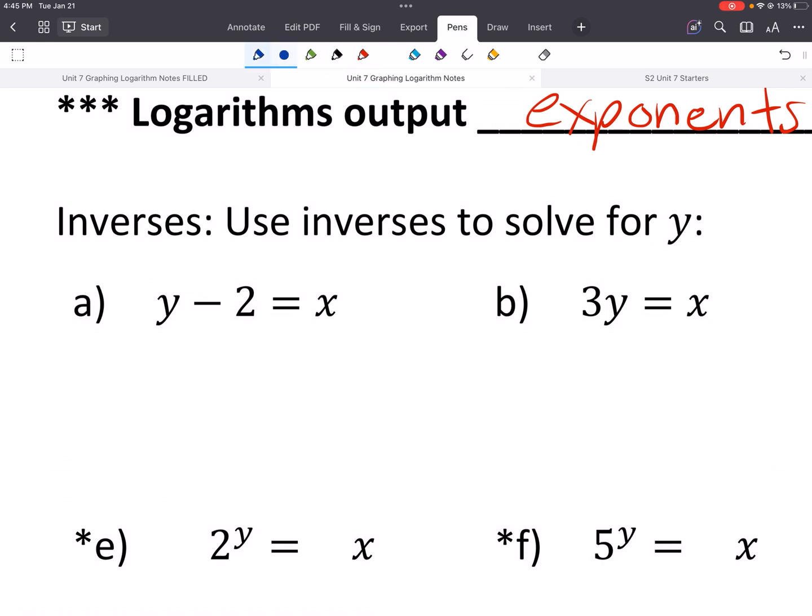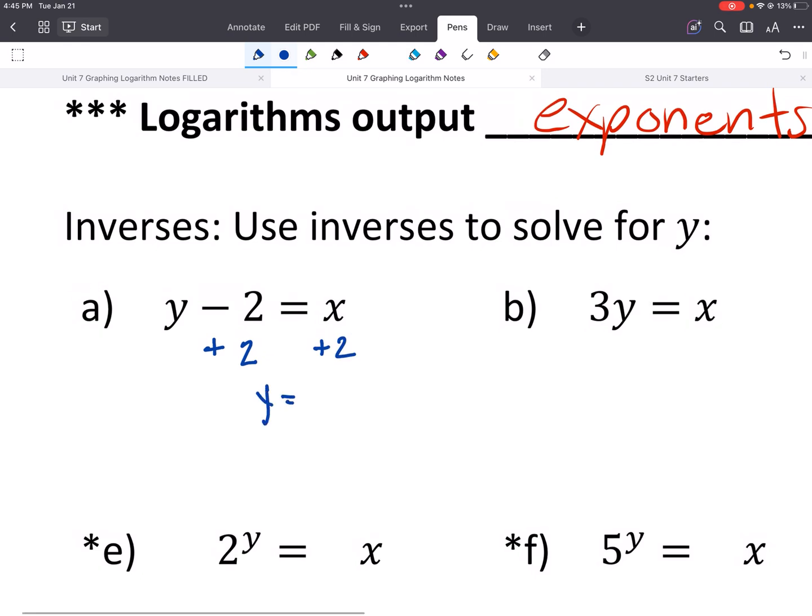It's just going to be a little different since we're doing logs instead of square roots or adding or whatever. So the opposite of subtracting, again, we're trying to get y by itself, so its opposite or inverse operation would be adding. So we could add both sides and we would get y equals x plus 2. Okay? So those are opposites or inverses.